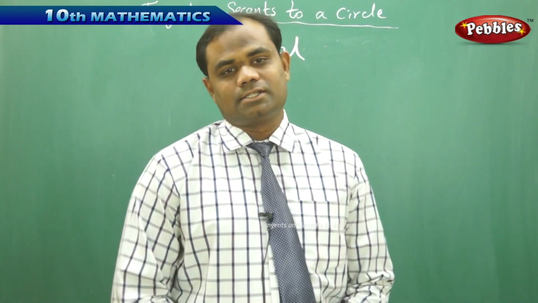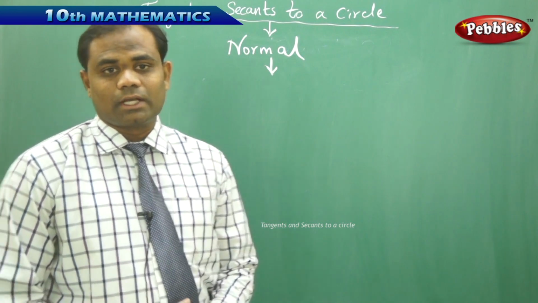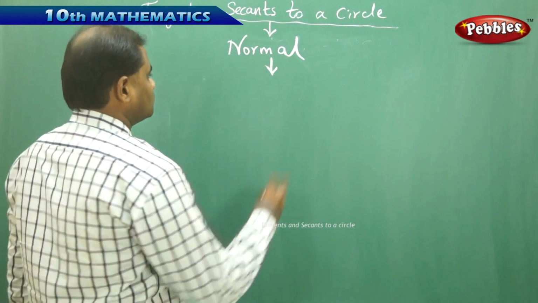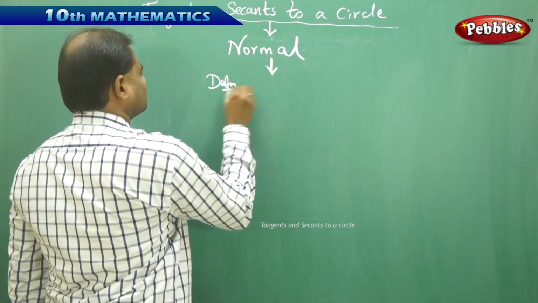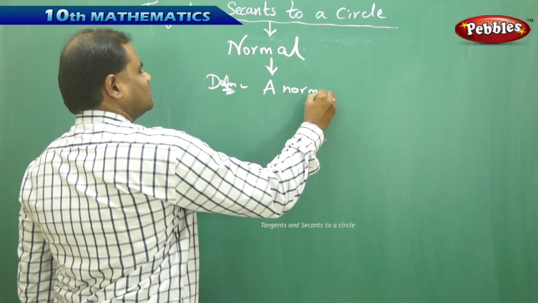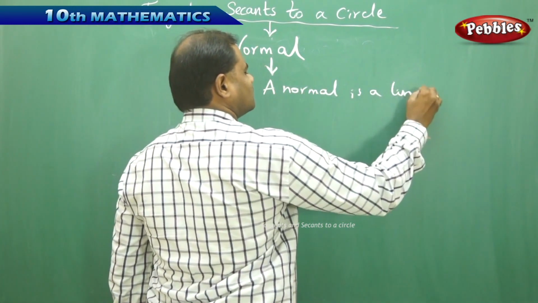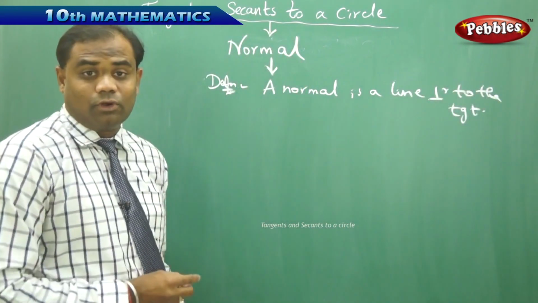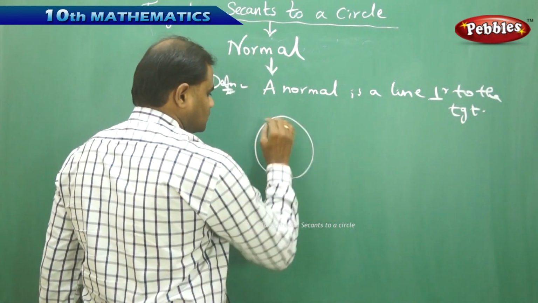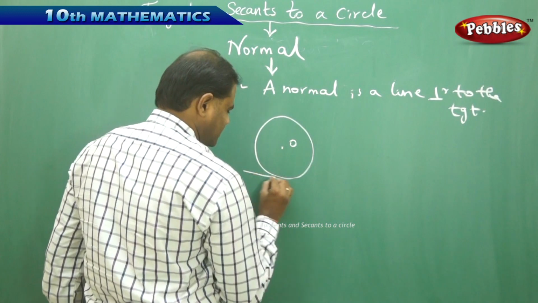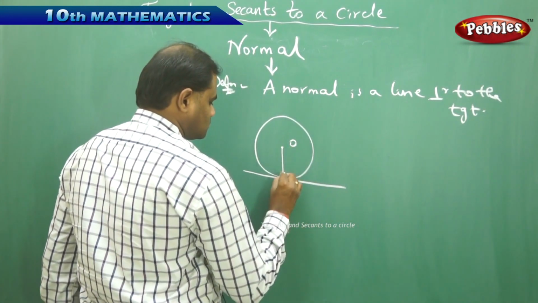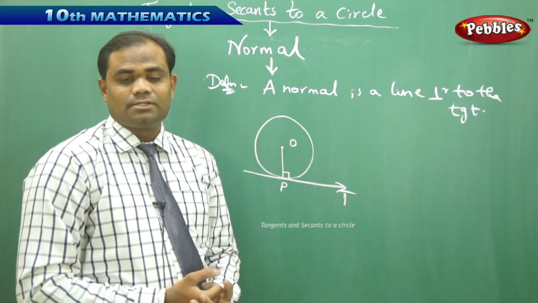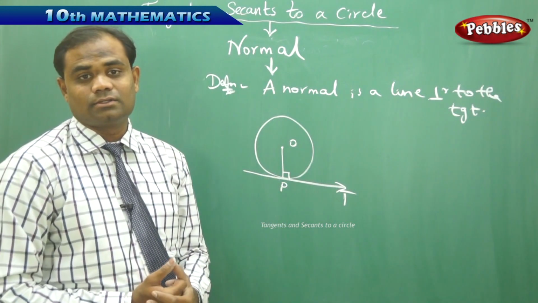So normal is associated with tangent because a normal is a line which is perpendicular to the tangent. Therefore, taking the definition, a normal is a line perpendicular to the tangent. If I take a circle with center O and a tangent at P, then this line passing through the center or through the point of contact is called the normal.